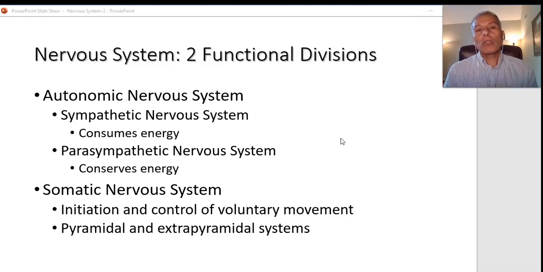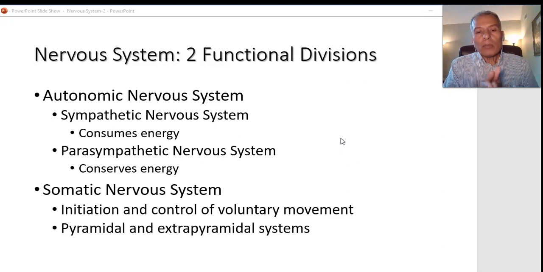So the initiation and control of voluntary movement are not enough by themselves. There's one system, the pyramidal system, that enables you to initiate movement and to control movement.